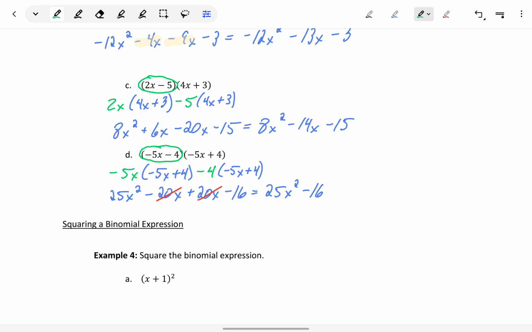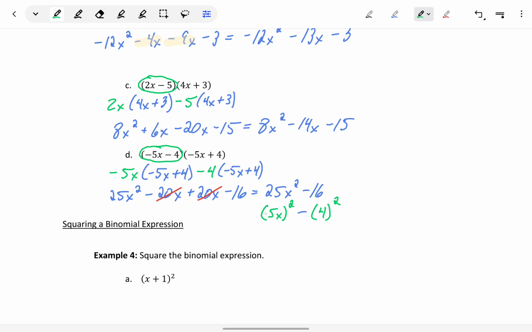Before we move on, we want to stop to note a particular pattern that happened here and will happen with other problems that follow a similar pattern. 25x squared is the same thing as 5x, that quantity squared, and then minus 16 is the same thing as 4 squared, and that happens to be the square of each of the two terms in our two binomials.